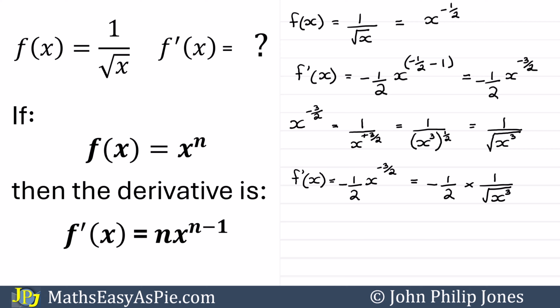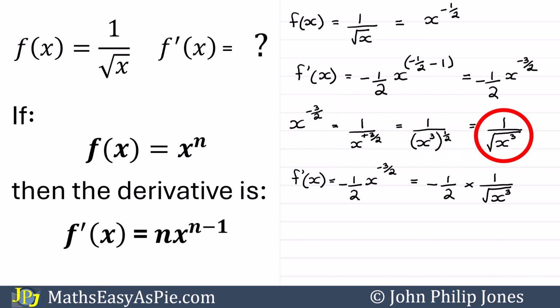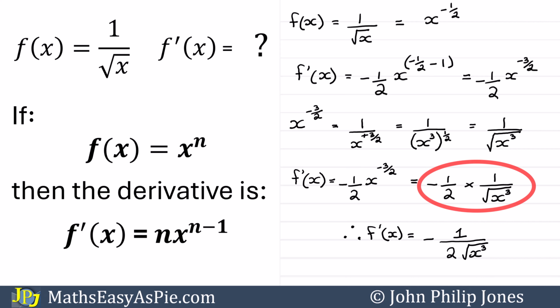In other words, we've replaced this with what we calculated on this line, which was 1 over the square root of x to the 3, and you can see that has been placed here. Therefore, we can write that f prime of x is equal to minus 1 over 2 the square root of x to the 3.